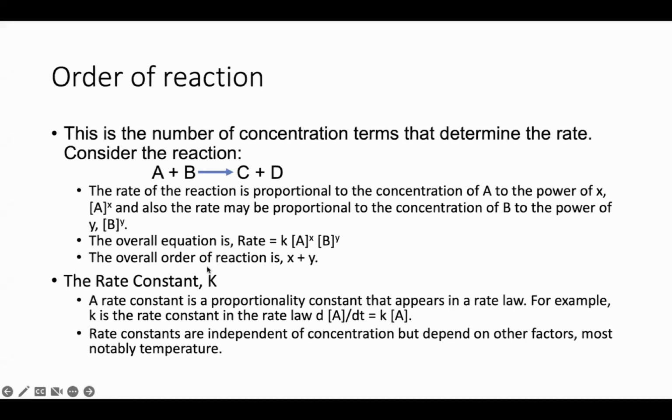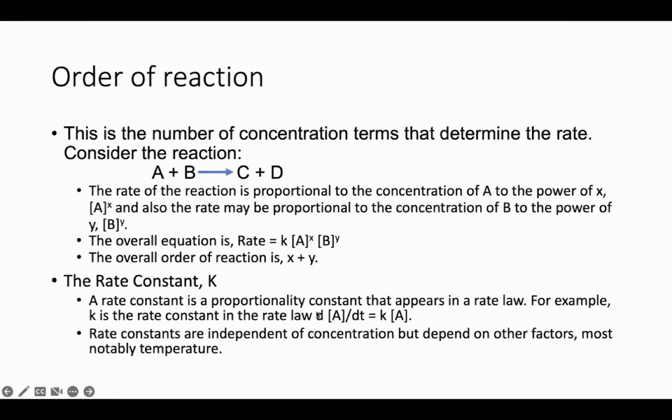Now, the rate constant K is very important in describing rates of reaction and all of our mathematical calculations relating to concentration of drugs in human systems. A rate constant is a proportionality constant that appears in a rate law. For example, K is the rate constant in this rate law here. I know that you've done some introduction to further mathematics where you do a bit of integration and differentiation, right?